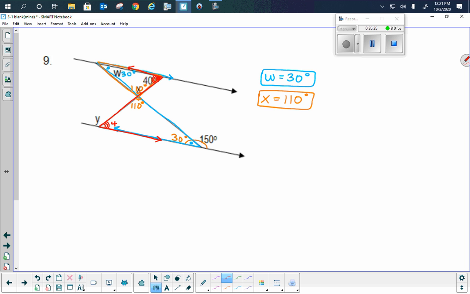Then I can put 40 degrees right there. And now Y and 40 are supplementary once again. So if I do 180 minus 40, I will get that Y is 140 degrees. Of course, we'll put that in our picture.